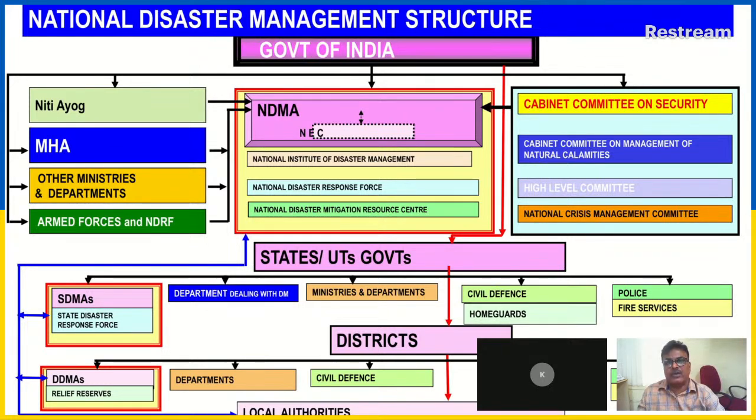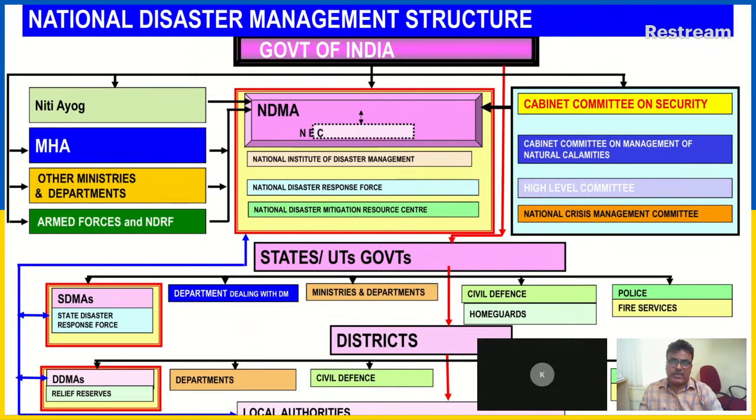There are not more than 9 members, taken from different departments in the district, like the Mysore City Corporation Commissioner, the Superintendent of Police, and the Chief Executive Officer of the Zilla Panchayat. Like that, there are about 7 members plus another 2 members, totally 9 members. This is the DDMA.